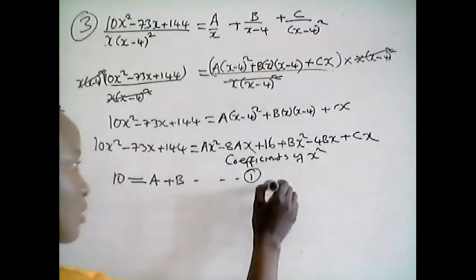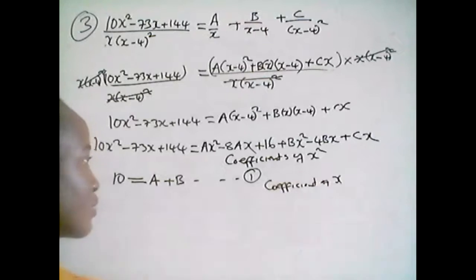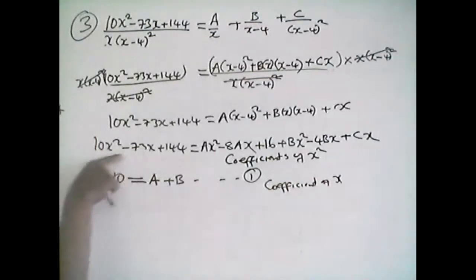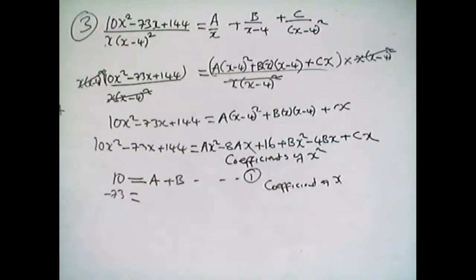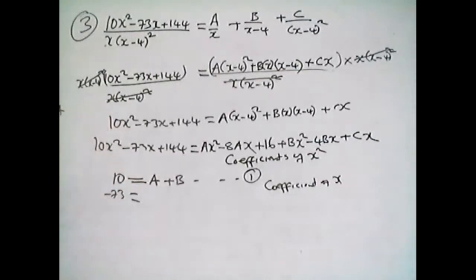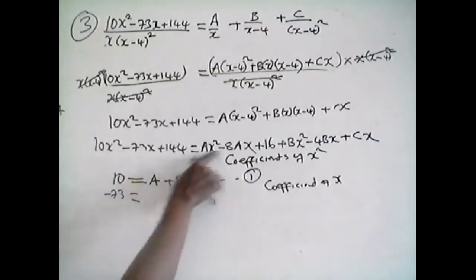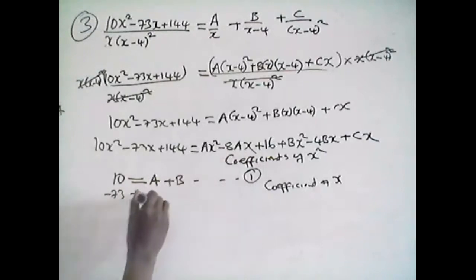Now we move to the coefficient of x. The coefficient of x here is -73, which equals the coefficient of x, which is -8a.